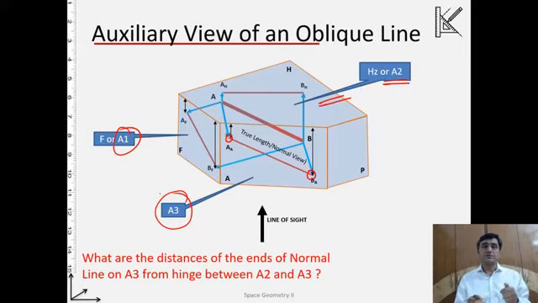The first step is we will identify the direction of the auxiliary plane using the projection of this line onto the horizontal, or A2. Okay, and then from A2 we will draw the projectors onto A3, and we'll take the distances from A1 and apply those on A3 in order to get the projection which is here, the normal view.